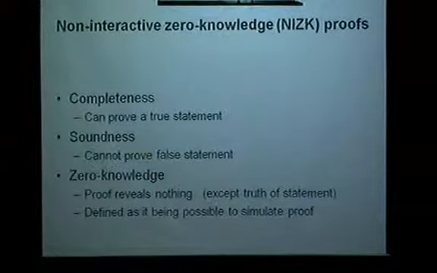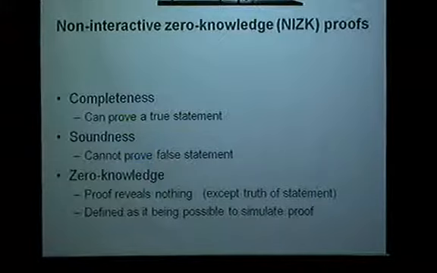Okay, and to clarify a little what are the properties that we want. On one hand we want completeness, that if indeed X belongs to the language, then it should be possible for the prover to convince the verifier. We would also like to have soundness, that it's not possible to convince the verifier if the statement is false. So no matter what a cheating prover does, she would not be able to convince the verifier if the statement is false.